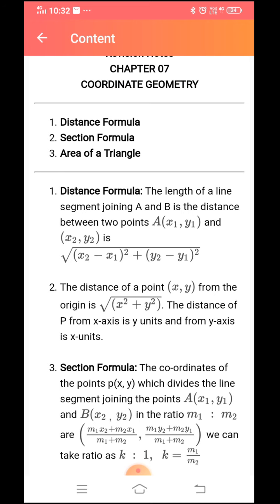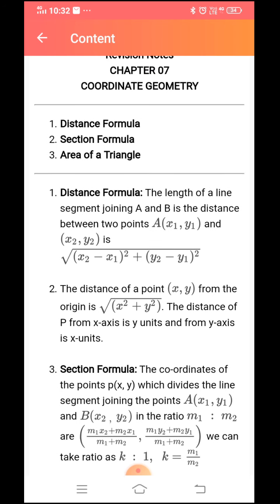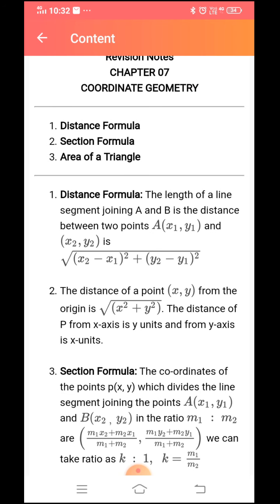This year we are going to study about distance formula, section formula and area of the triangle. So these three are the subdivisions of coordinate geometry. In those three divisions, the third one, area of the triangle, was removed from the syllabus due to lockdown.